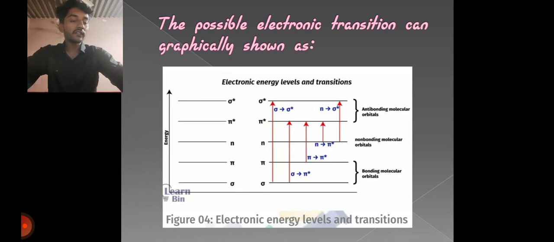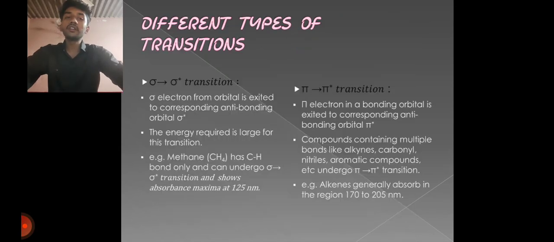Pi and sigma are the bonding molecular orbitals. So the possible electronic transitions are sigma to sigma star, sigma to pi star, pi to pi star, n to pi star, and n to sigma star. I am going to explain these different types of transitions in detail.